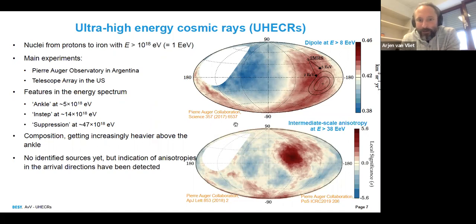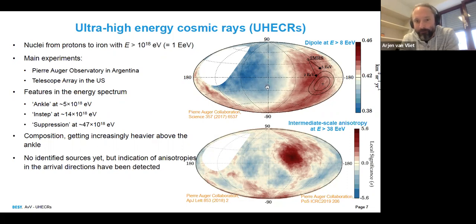The Pierre Auger Collaboration has reported a dipole at around 8 EeV, so this is right above the ankle. This plus here shows the direction of this dipole.